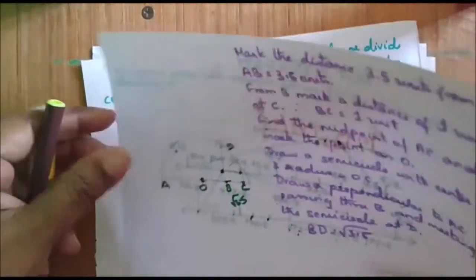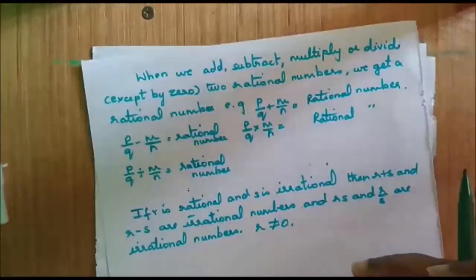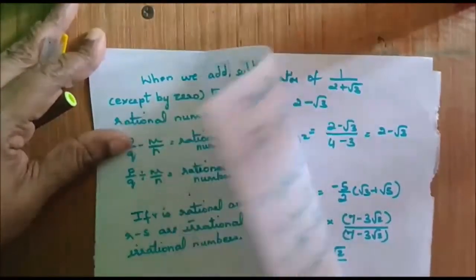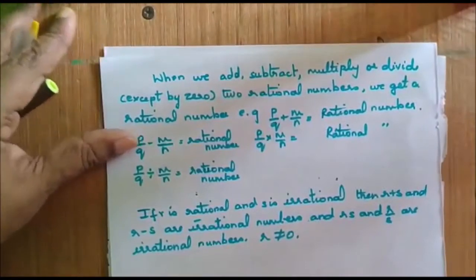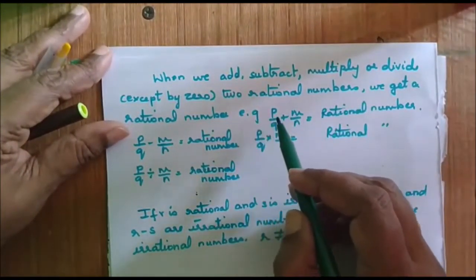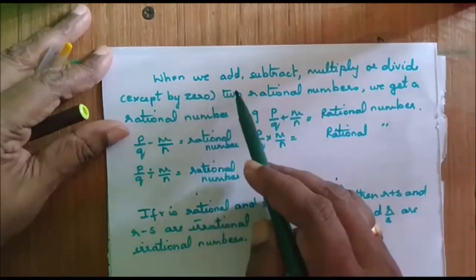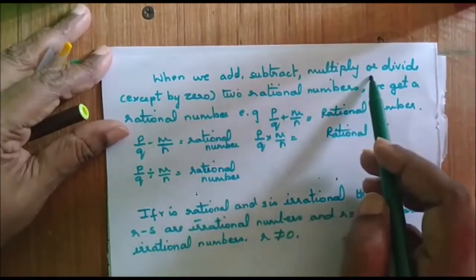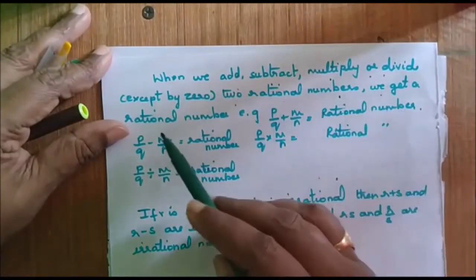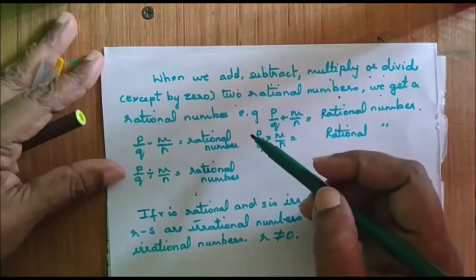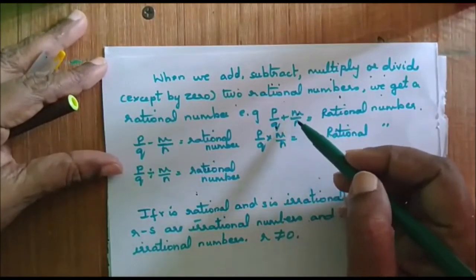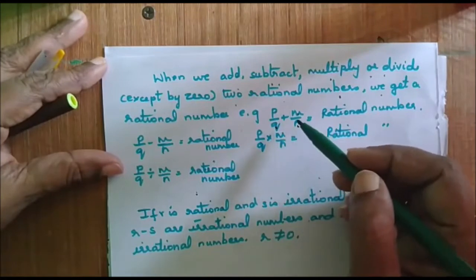Okay. Now we'll go to the next topic, that is, we will now see all the operations, that is addition, subtraction, multiplication in the case of rational numbers. When we add, subtract, multiply or divide two rational numbers, we get a rational number. Now let me take for example P by Q is a rational number and M by N is another rational number.